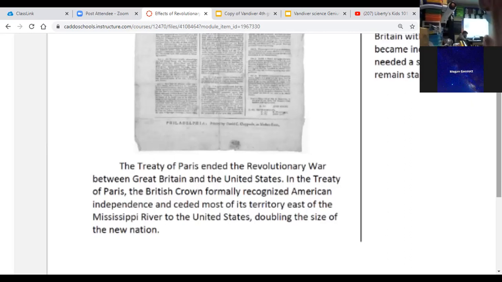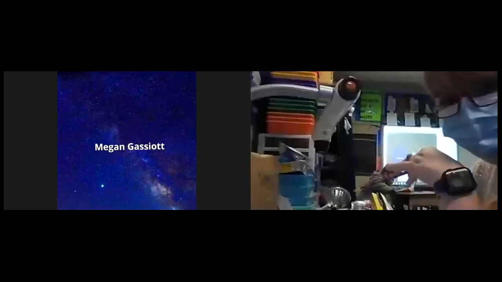I shall help you through source one. The others you're going to do yourself. With the Treaty of Paris. And I'm going to switch share modes back to ImageMate.